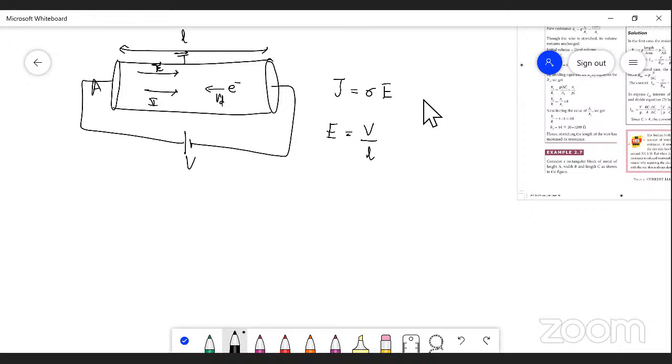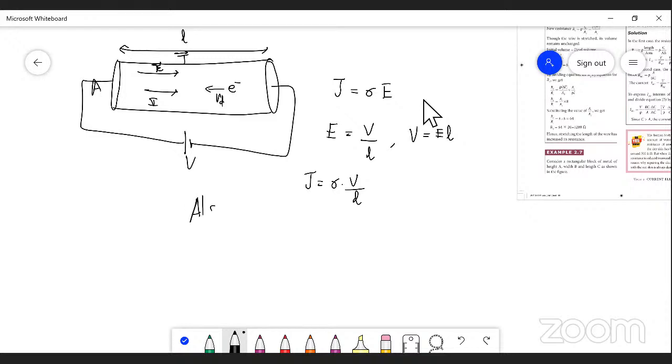E equals V divided by D, so E equals V by L, from which I can write V equals E into L. If I substitute for E in this expression, I get J equals sigma into V divided by L. So we have obtained a relationship between current density and electric field, J equals sigma into E, where E is the potential difference divided by distance.